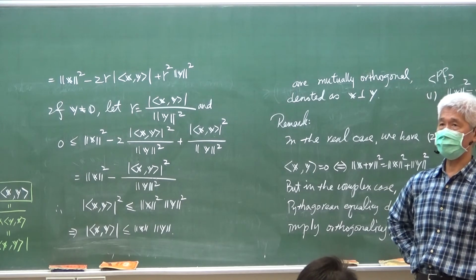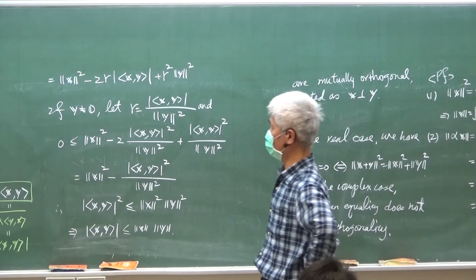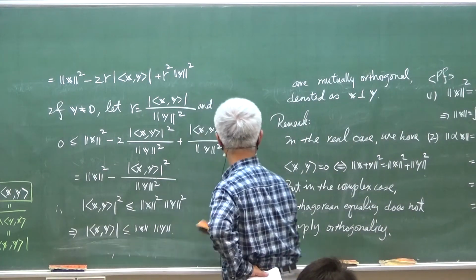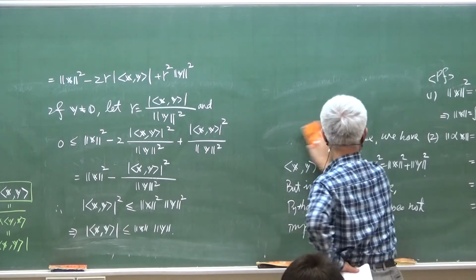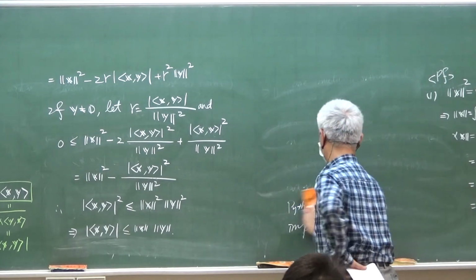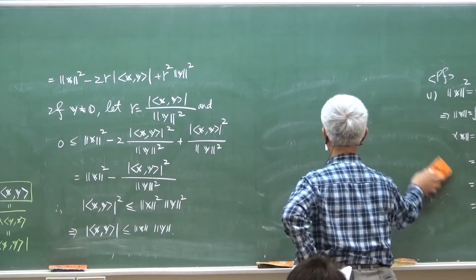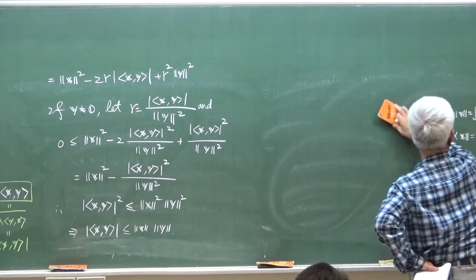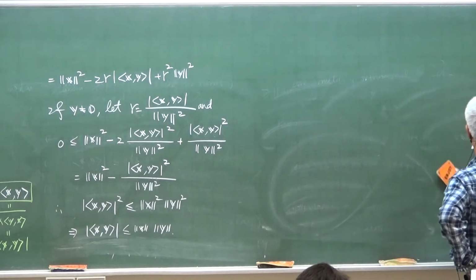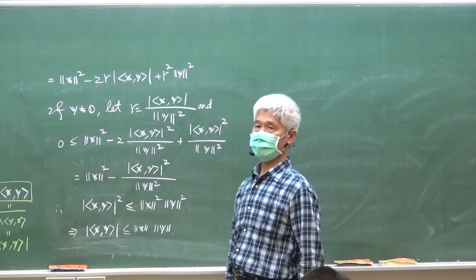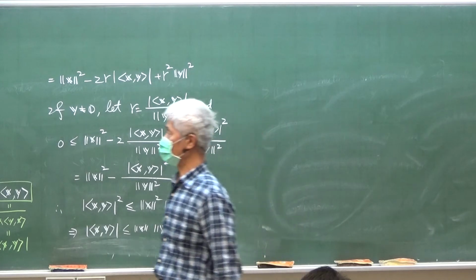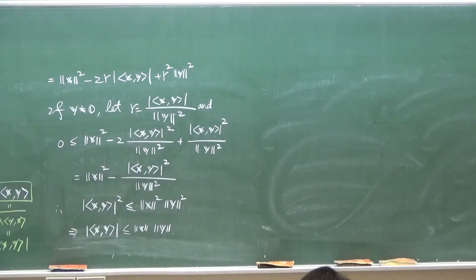Okay, so this is one way to prove the Cauchy-Schwarz inequality. There are other ways to show the Cauchy-Schwarz inequality, and I give you one which is more interesting.